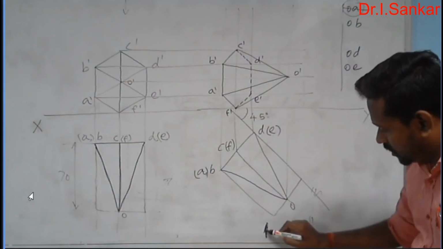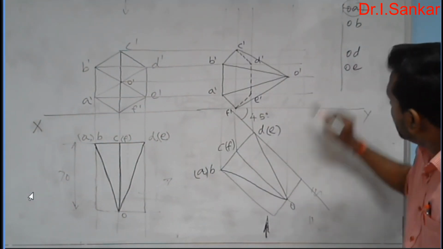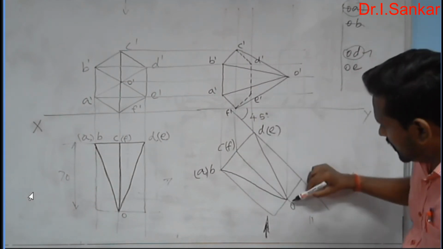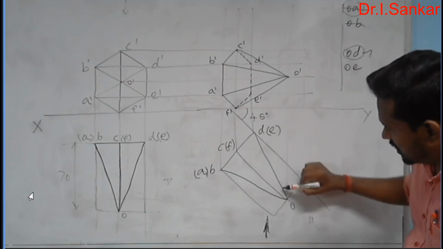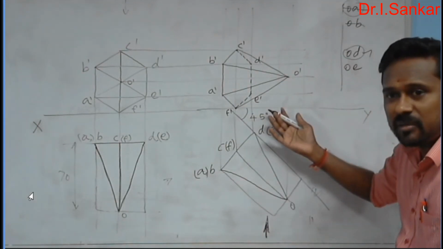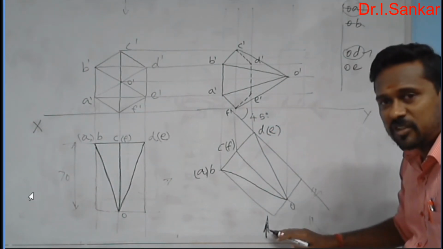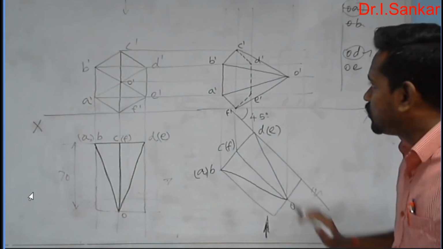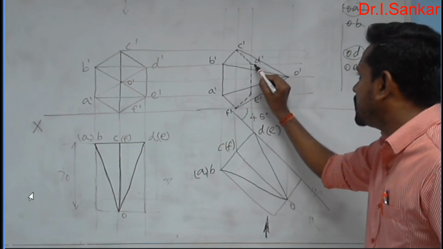And then you are standing here and seeing the solid. The edge OD, it is here, just in the back side of the solid. But you are standing in the front side of the solid. Definitely the OD is invisible to you only. So connect OD as invisible edge.